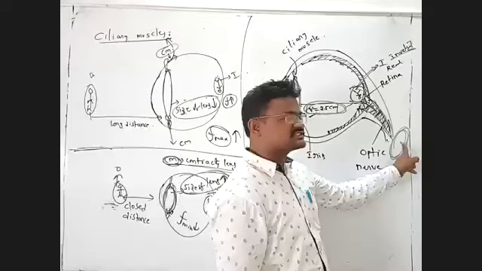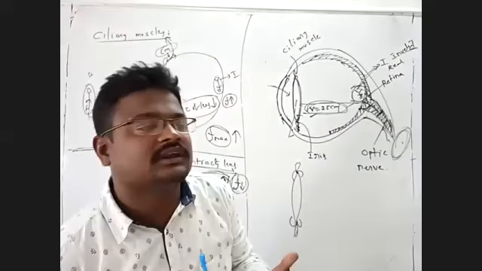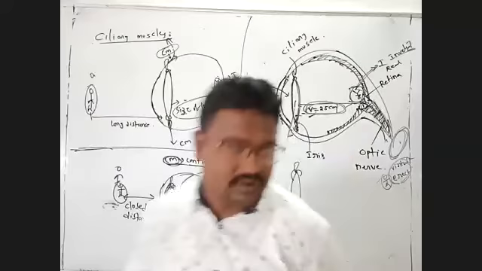The signal is transmitted from the retina to the brain. The image formed on the retina is real and inverted.